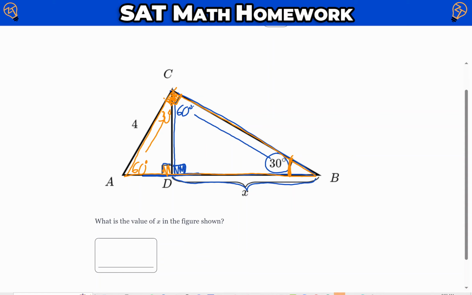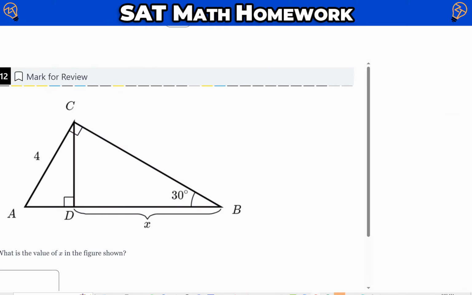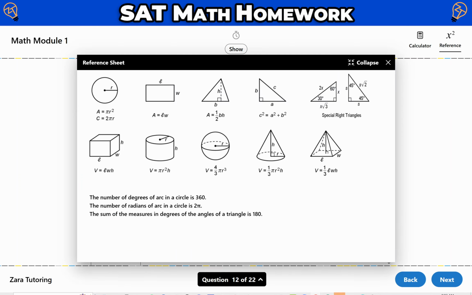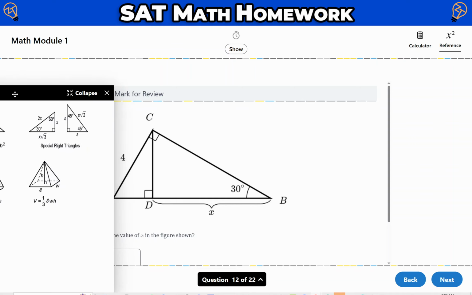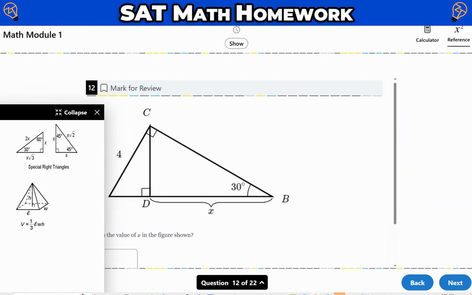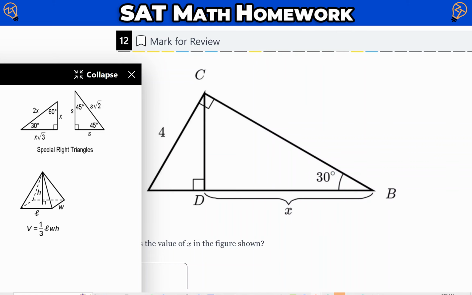Now let's go ahead to our reference document, which is up here in the corner. And notice we have the two special right triangles, 30, 60, 90, 45, 45, 90. Now I do want to keep that in view to help us as we label things.